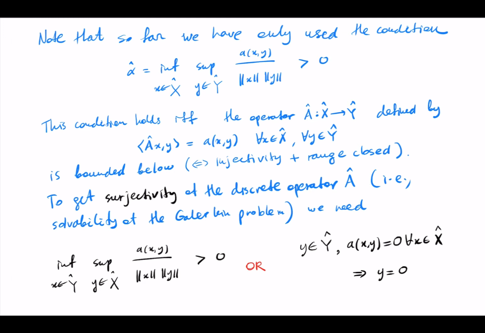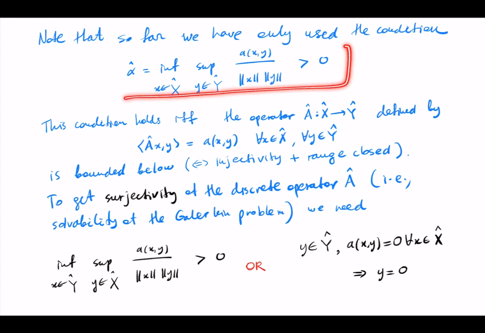So what is a hat? A hat would be, because you see that this x and y are restricted to x hat and y hat, this operator a hat is defined by just restricting x and y into x hat and y hat.